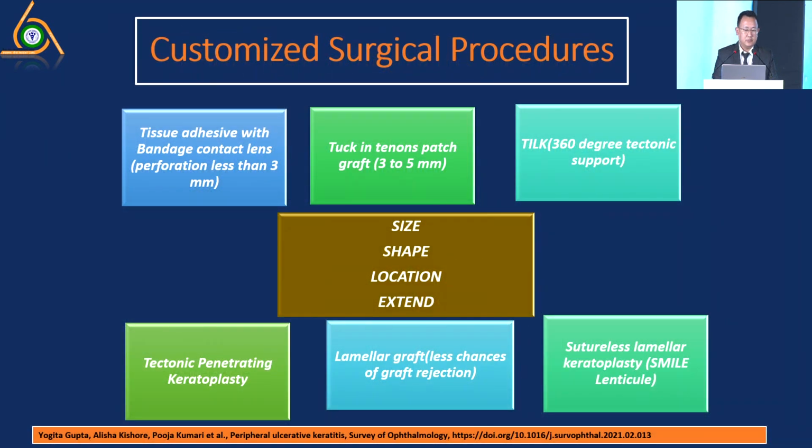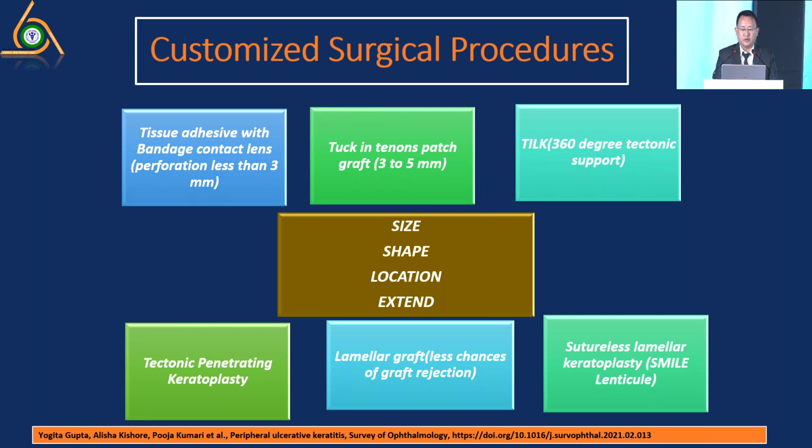For the customized surgical procedure, various options have been described that depend upon the size, shape, location, and extent of the tissue defects. Tissue adhesive with bandage contact lens can be used for perforation if it is less than 3 millimeter. Tuck-in tendon patch graft is another important technique described for perforations of 3 to 5 millimeter size.